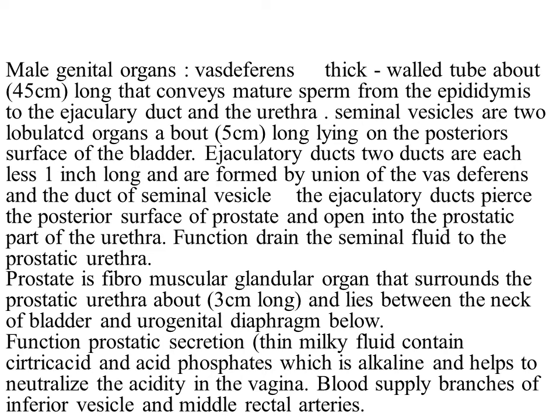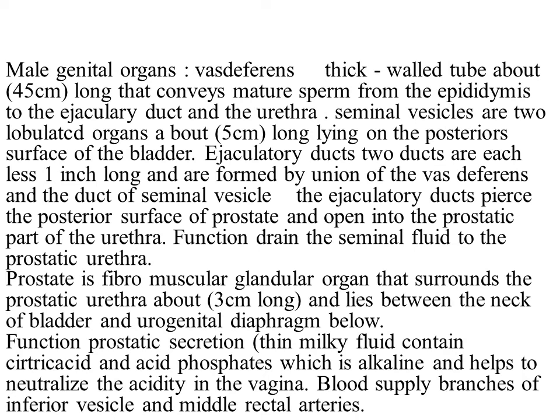Male genital organs consist of the vas deferens, which is a thick-walled tube about 45 cm long that conveys the mature sperm from the epididymis to the ejaculatory duct and the urethra.